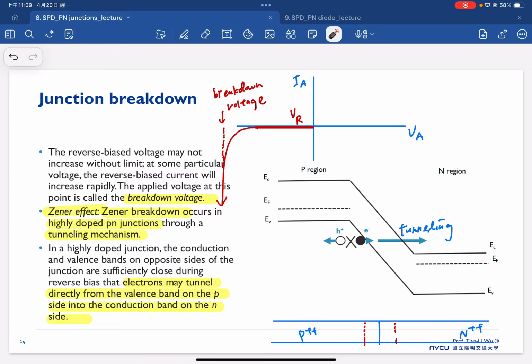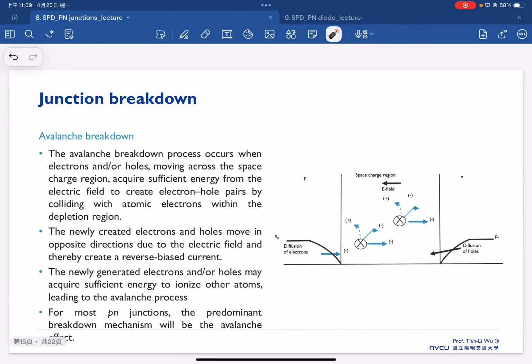But the other one, which occurs most often in semiconductor devices, is called avalanche breakdown. The avalanche breakdown process occurs when electrons and holes moving across a space charge region acquire sufficient energy from the electric field to create electron-hole pairs by colliding with atomic electrons within the depletion region.